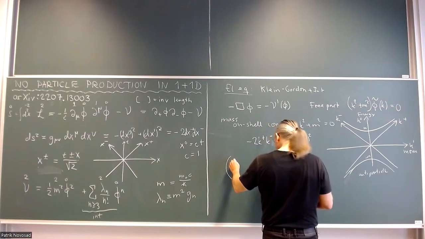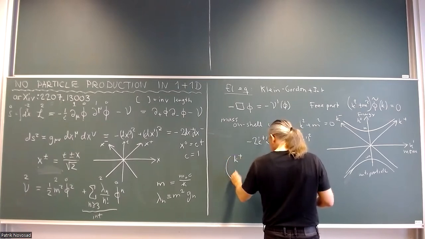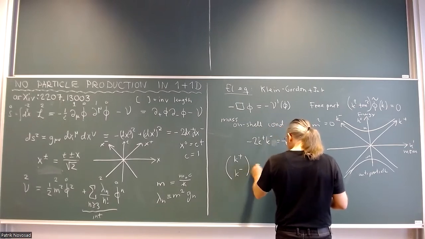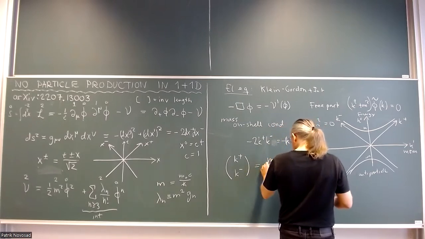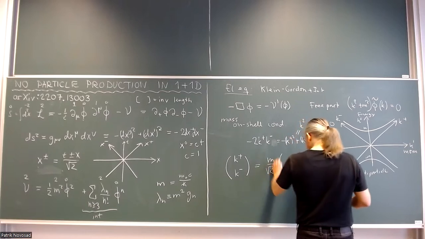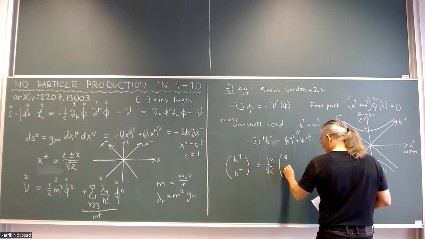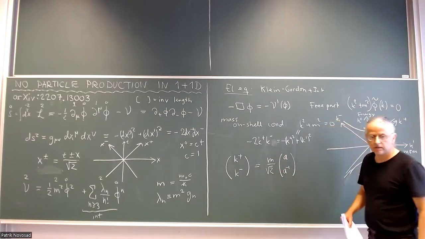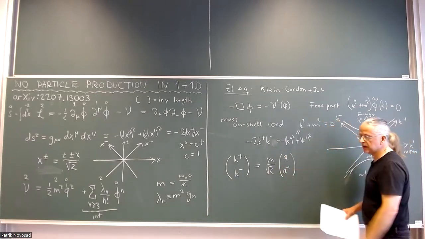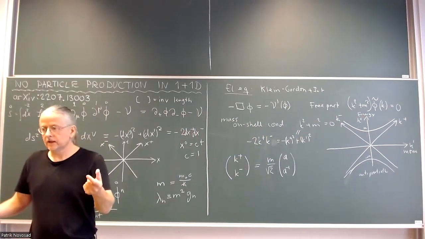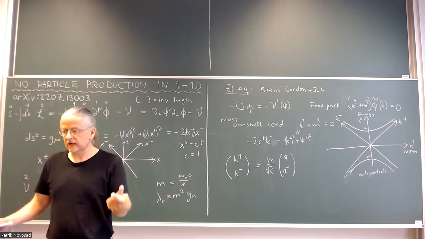So we apparently have a two-dimensional momentum vector, and we can now parameterize this to be 1 over square root of 2 times some parameter a and 1 over a, where a is a free parameter. Put it in a different way, the momentum is a two-dimensional vector.